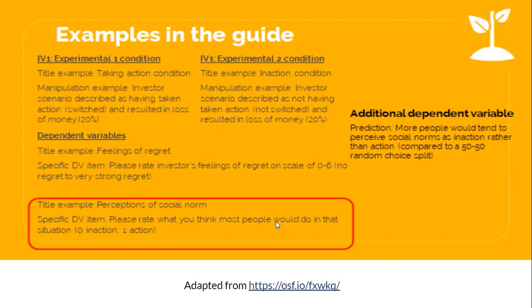The prediction is that more people would perceive social norms as inaction rather than action, compared to 50-50 random choice splits. This can be done with a binomial test or chi-square.